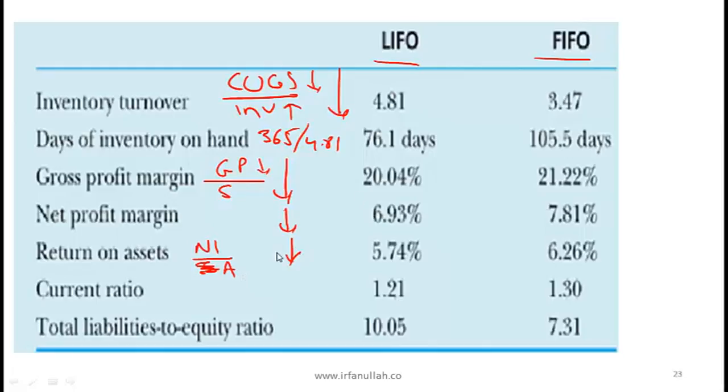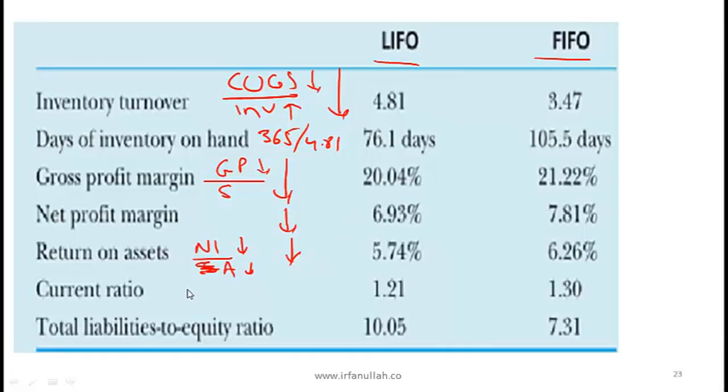If you look at LIFO, net income is lower and assets are also lower compared to FIFO. The point here is that inventory is a small percentage of overall assets. So the assets are only slightly lower in percentage terms, but net income is a whole lot lower. So the overall impact is that return on assets will be lower for a LIFO firm.